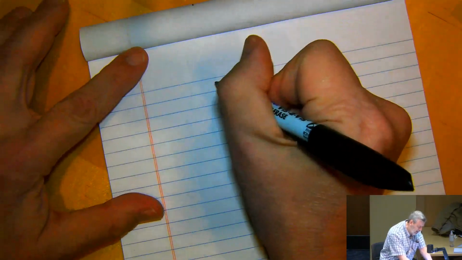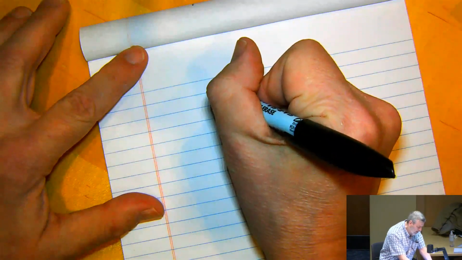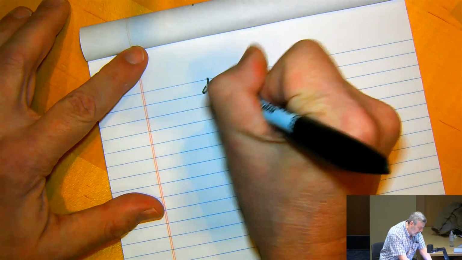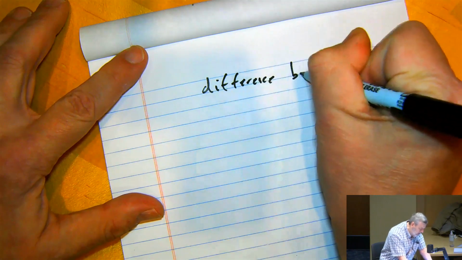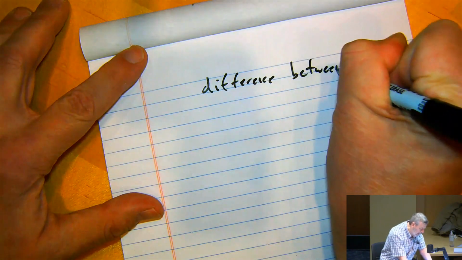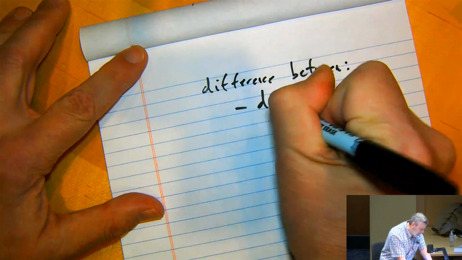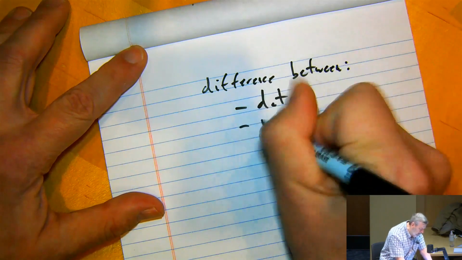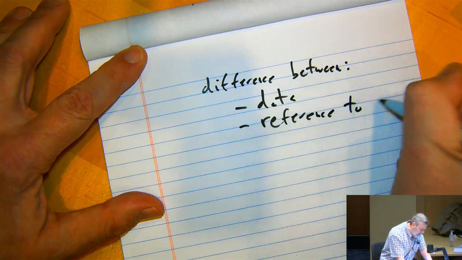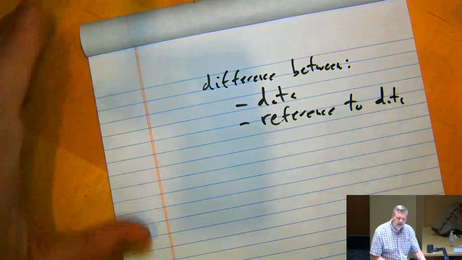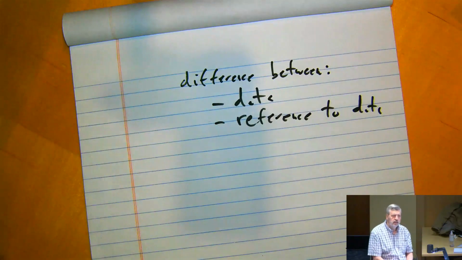All right, well, I did want to mention a couple more ideas. One of the things that we are going to be exploring in all of this is the difference between data and a reference to data. So that's kind of one of the things that makes linked lists challenging, is understanding this distinction.